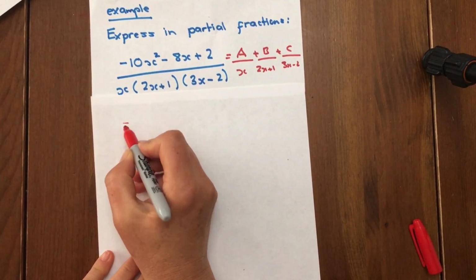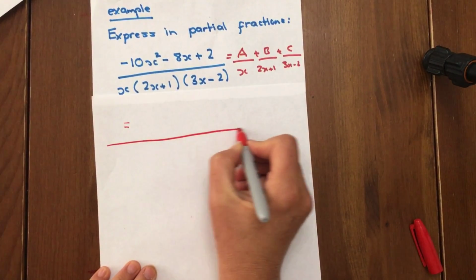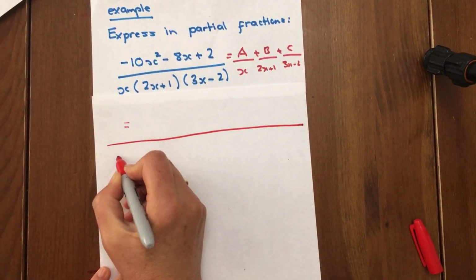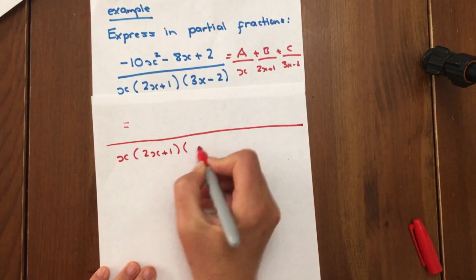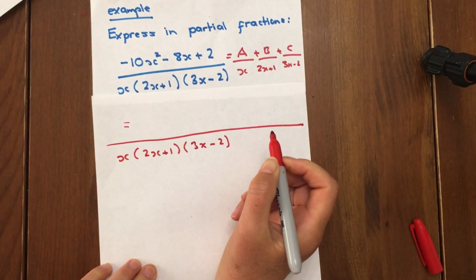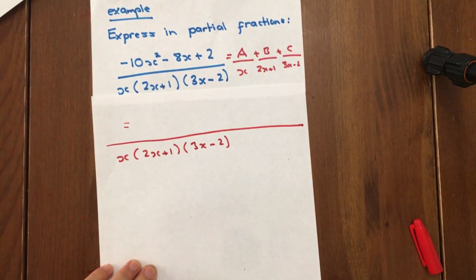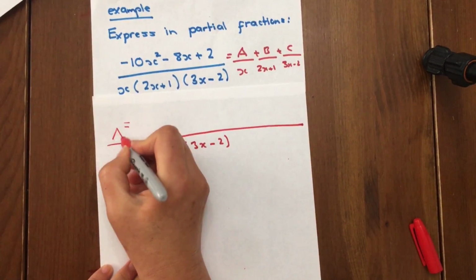So we're going to put this over a massive denominator. Okay, so the denominator is the same as it was before. Now I'm going to say x, so how many lots of a do I want?